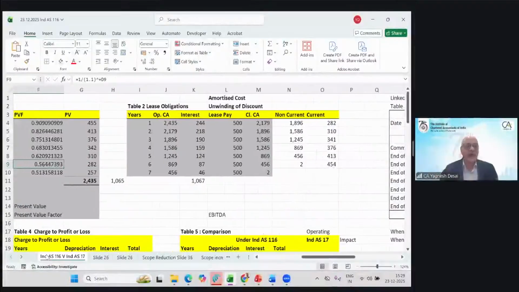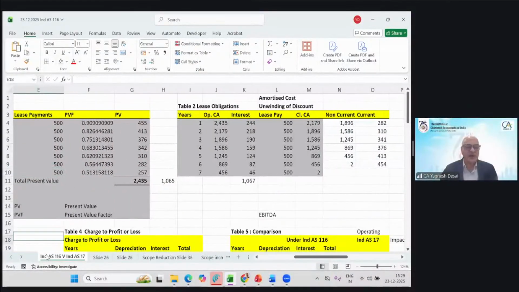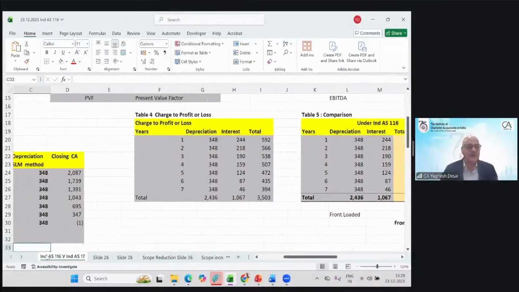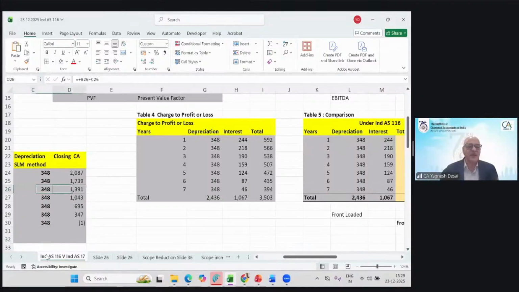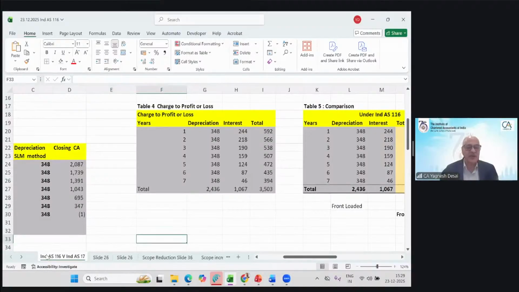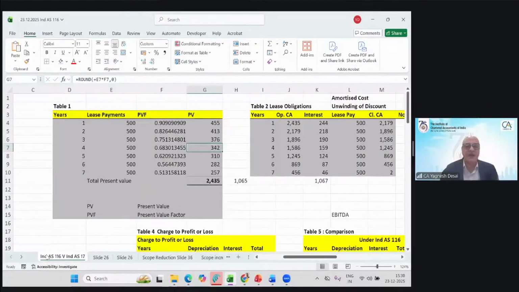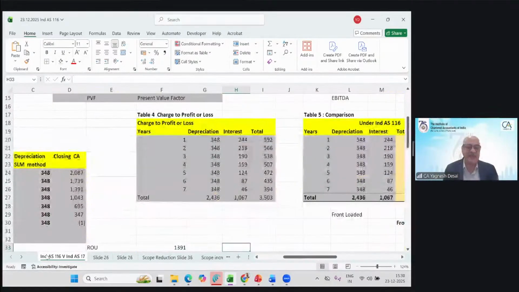At the end of year 3, the carrying value of my ROU asset is 1,391. At the end of year 3, the carrying value of my liability is 1,586.